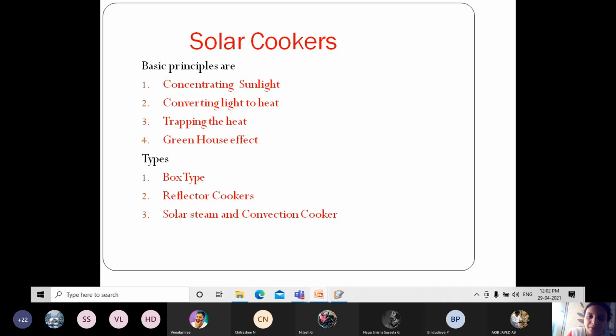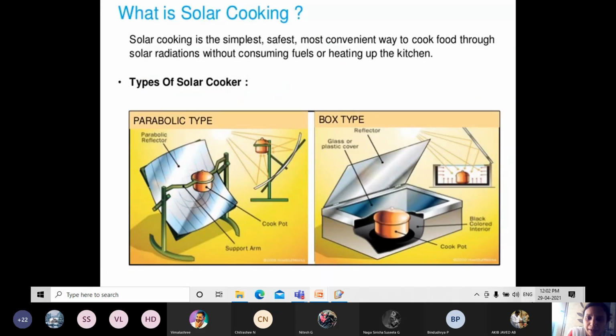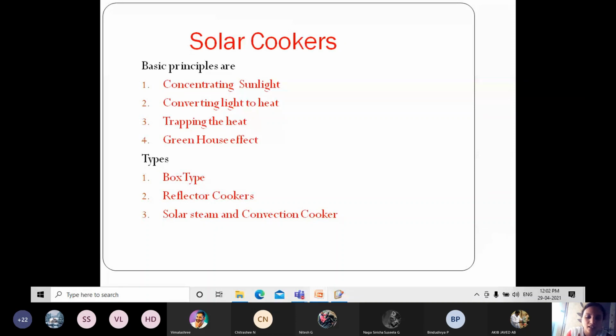Here you can observe a black coating. Here, a black colored interior. Why do they use black color? Because a black color or a low reflective surface on the food container, or inside the solar cooker, will improve the effectiveness of turning light to heat.